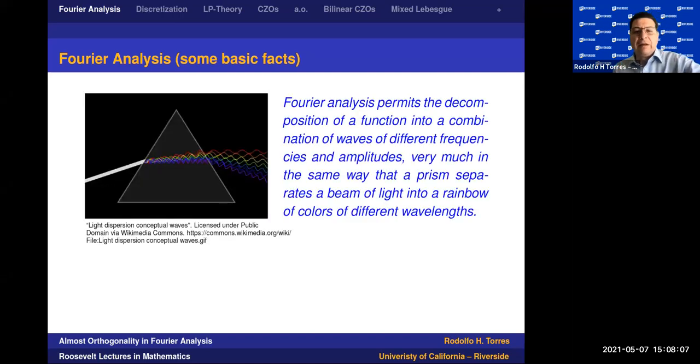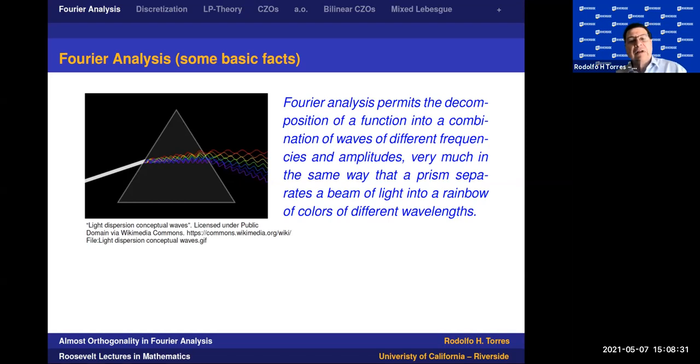So again, what is Fourier analysis? This prism is the best analogy I can always find to describe what Fourier analysis does. It's a way to take some information, in analogy to this prism, the incoming light, and transform it, see how it's built up from other components.